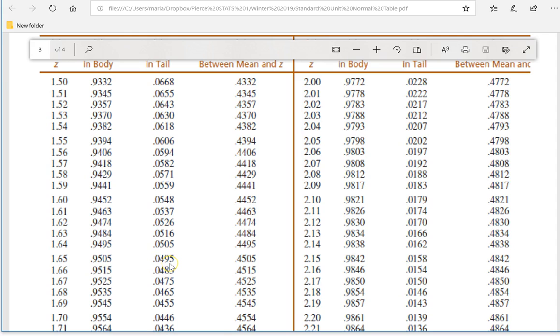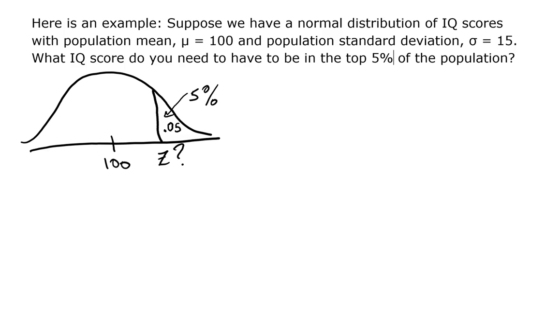So really 0.05 is between the z-score of 1.64 and 1.65. We're going to use 1.65 as our z-score. So z-score is 1.65. That corresponds to an area of 5%.